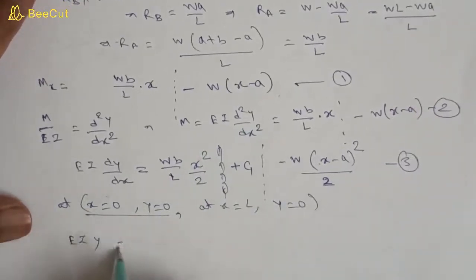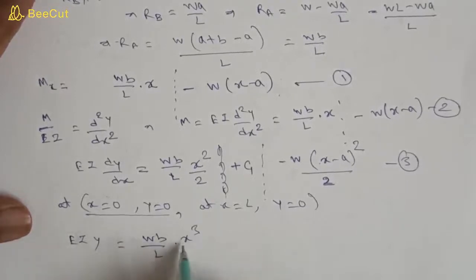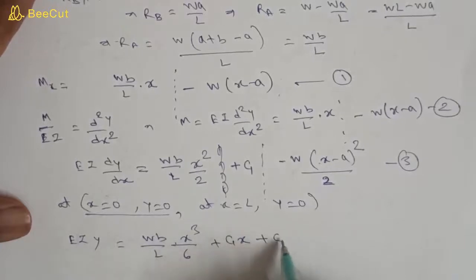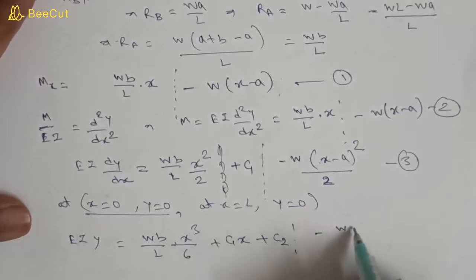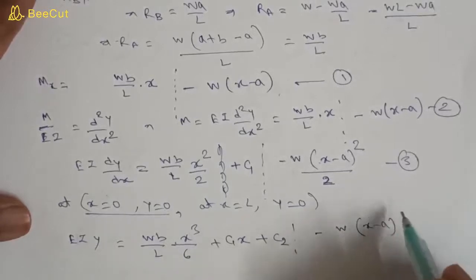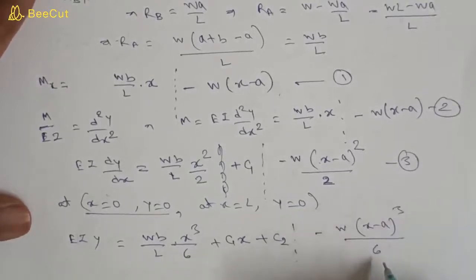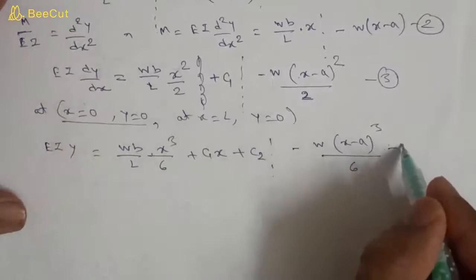EIy is equal to WB by L into x cube divided by 6 plus C1x, then we have to add another integration constant C2, and minus W into x minus a to the power cube divided by 6. Okay, so this is equation number 4.